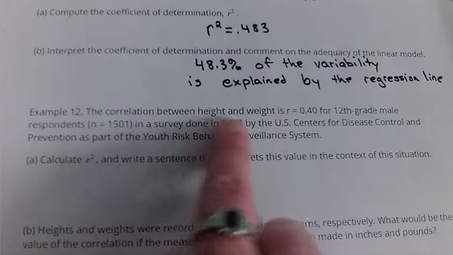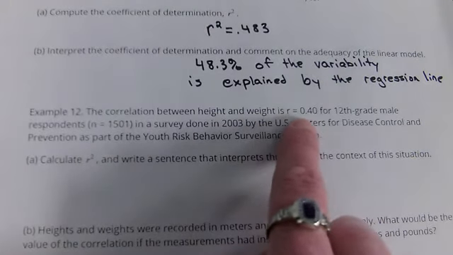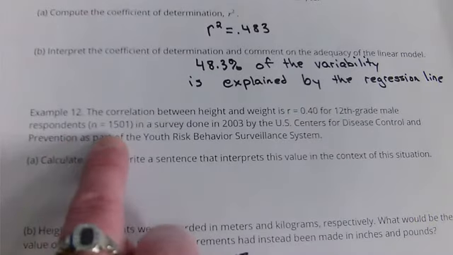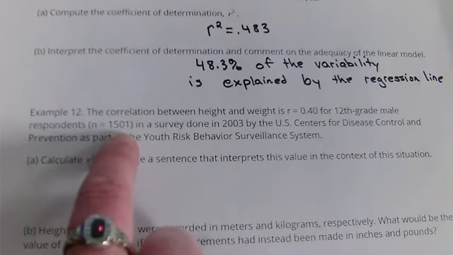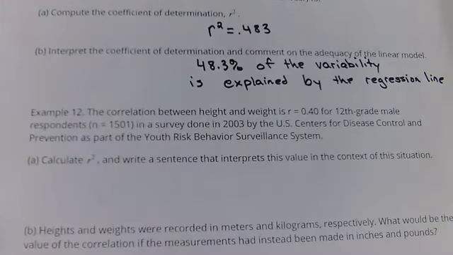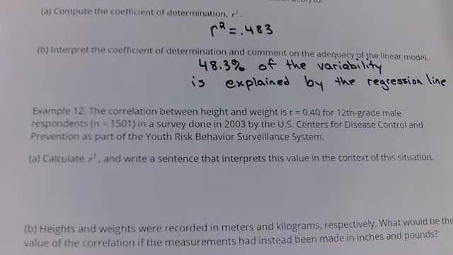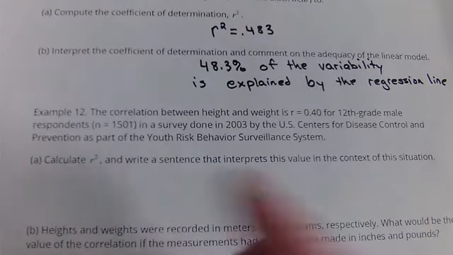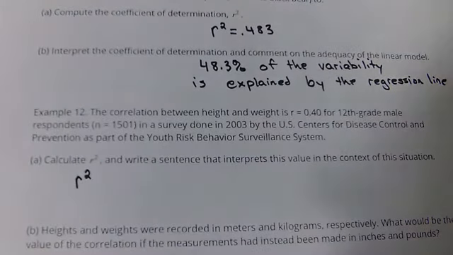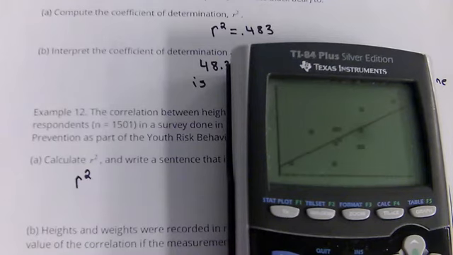The correlation between height and weight is R equals 0.40 for 12th grade male respondents. There's 1,501 respondents in a survey done in 2003 by the U.S. Centers for Disease Control and Prevention as part of the Youth Risk Behavior Surveillance System. Calculate R squared. Well, we just take R and square it. So 0.4 squared.